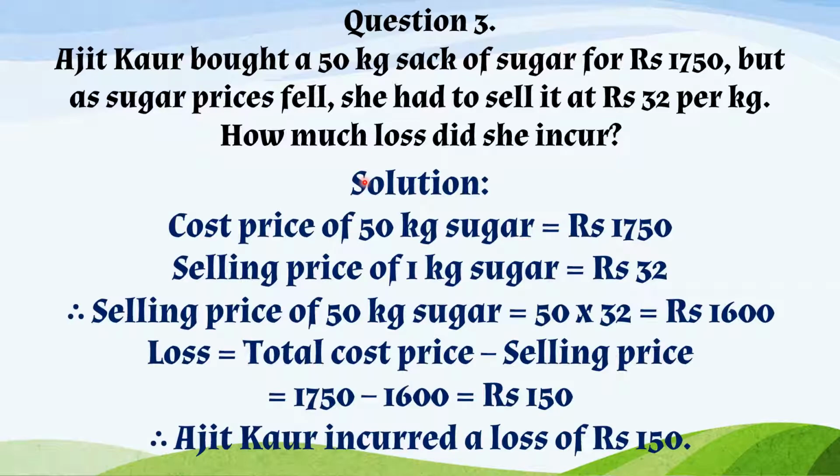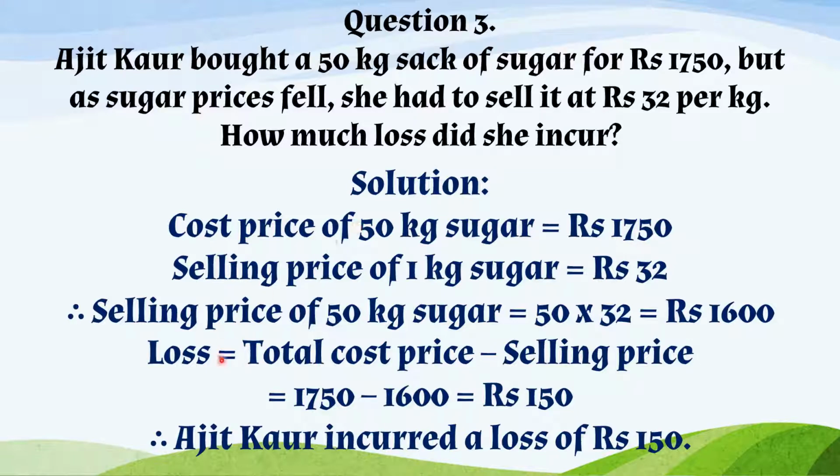Now here, the cost price of 50 kg of sugar is rupees 1,750, and the selling price of 1 kg sugar is equal to rupees 32. So the selling price of 50 kg sugar is 50 multiplied by 32, you will get rupees 1,600.